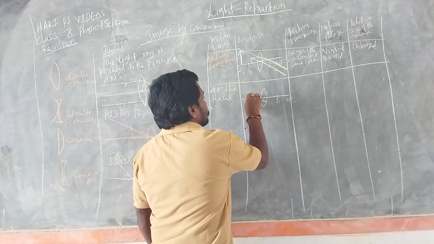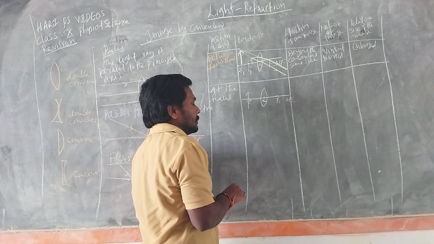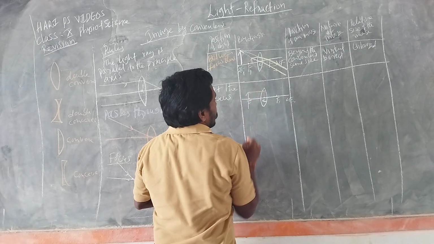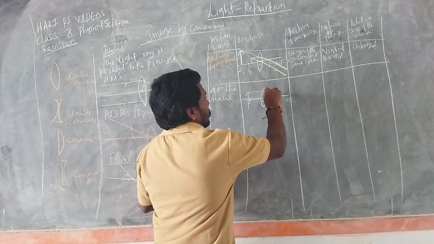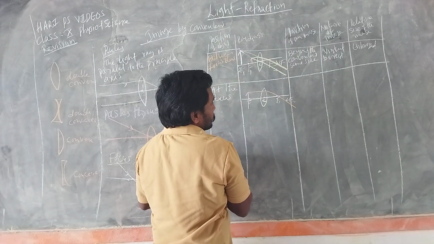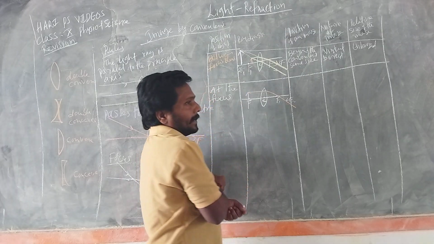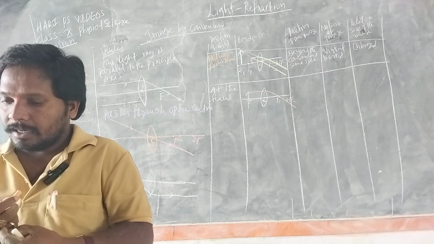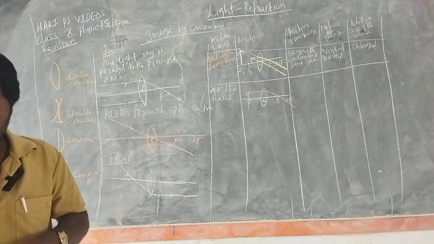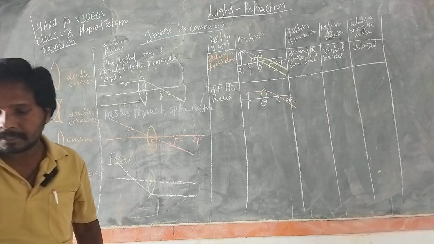If the object is placed here, then the ray parallel to the principal axis passes through the focus. Then the second light ray passes through the optic center.